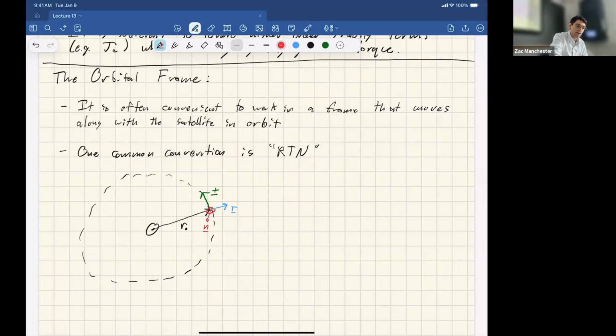So maybe I'll try drawing it like this. And so these are radial, tangential, and that's parallel to the velocity vector.